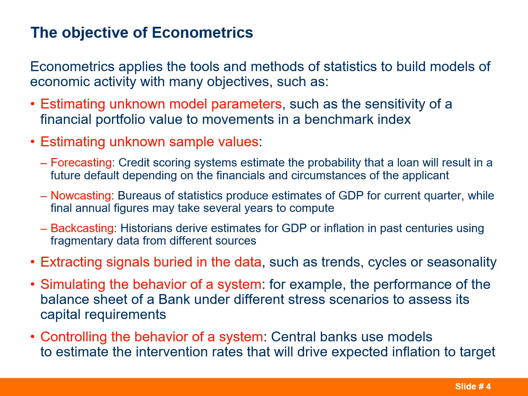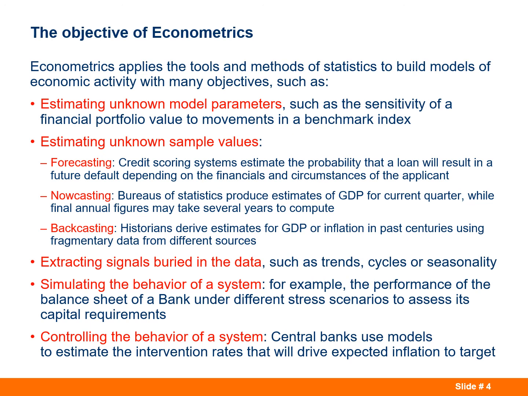The objective of econometrics. What econometrics does is applying the tools and methods of statistics to build models for economic activities with different objectives. One of these objectives could be estimating some model parameters which are not known but are relevant to our activity.